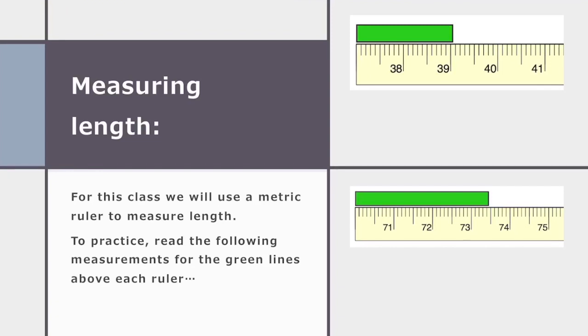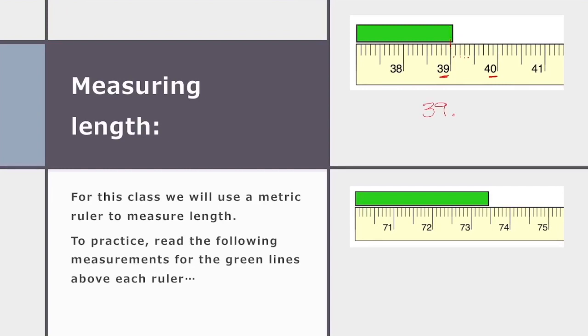All right, so this first one up here, we have this green line, and it looks like the last readable mark here is at the 39. If we take a look at our scale, I've got a 39 here, and the next number reported over here is a 40, which means that each one of these little marks in between represents 0.1, or a tenth of a centimeter. So I'm going to say that my last readable mark is that 39.